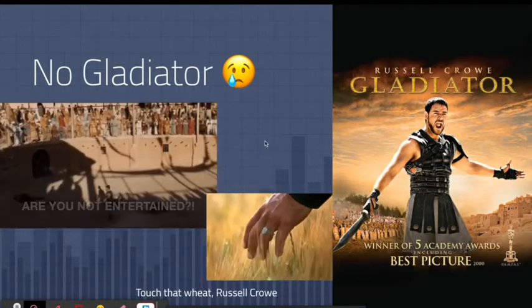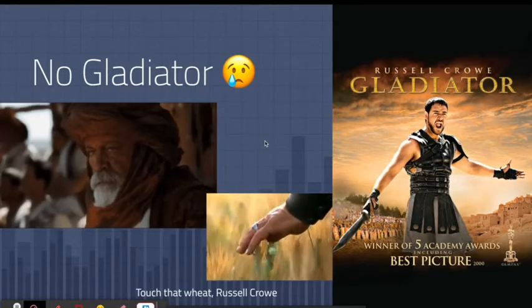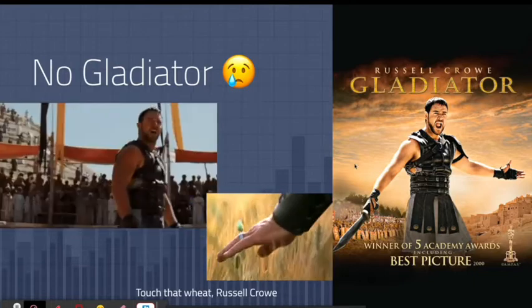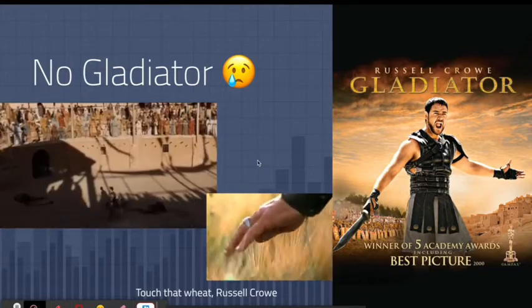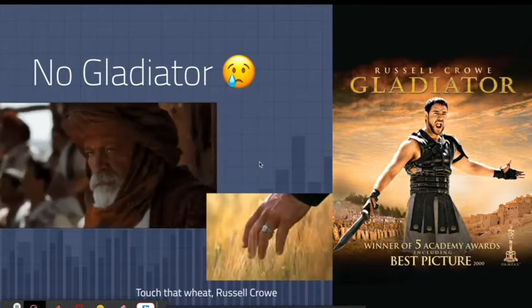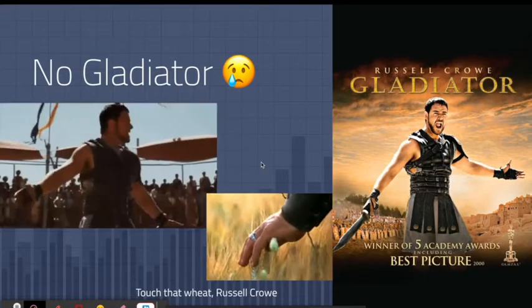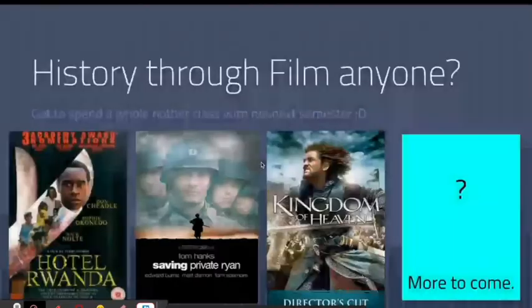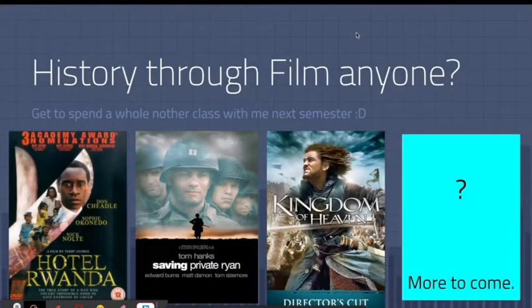Oh my gosh, it is such a good movie. Seriously, if you're into historical films, so good. And the best part of it is when Russell Crowe touches the wheat in the wheat field. He has wheat hands. Look at him touch that wheat. All right. But if you do take my history through film class next semester, we will be watching Gladiator. That's on the top of my list to watch, and some other ones too, and some others I have yet to decide on.